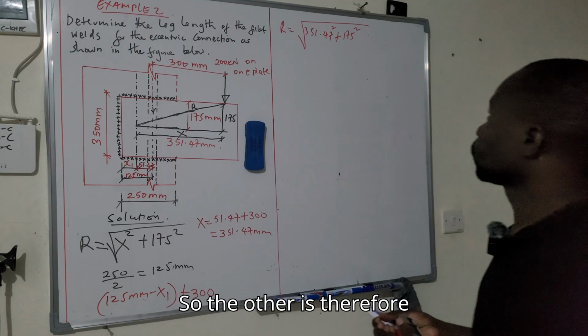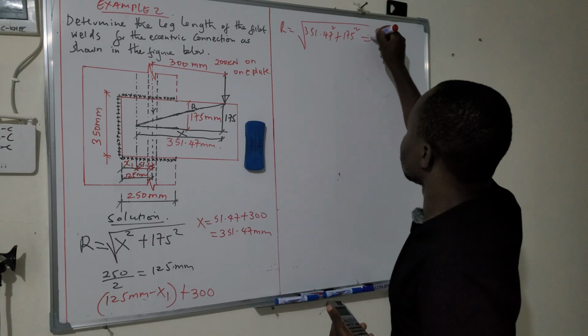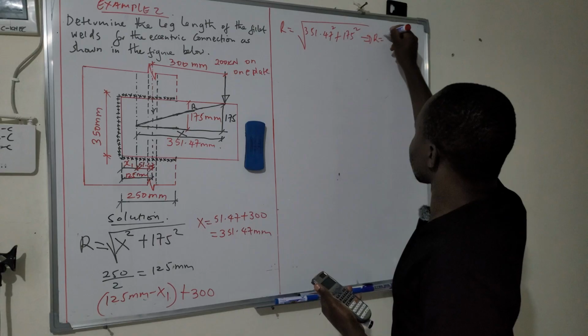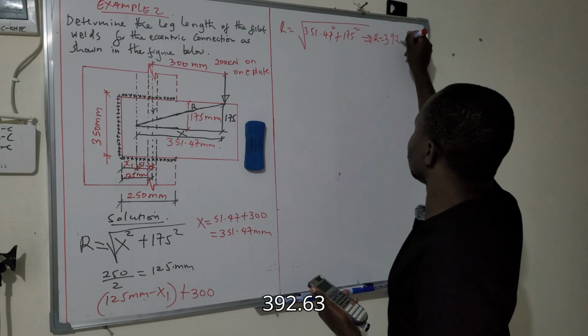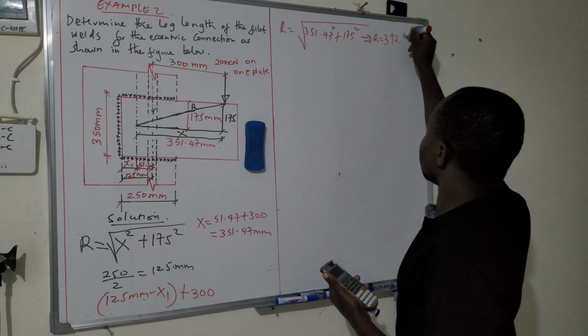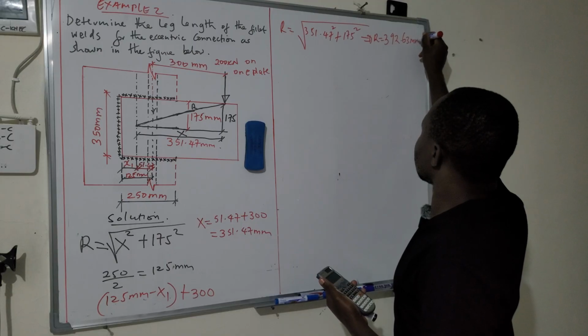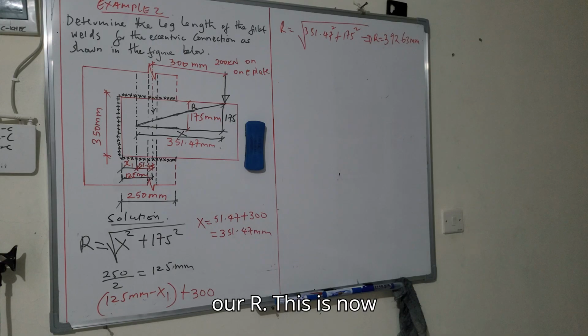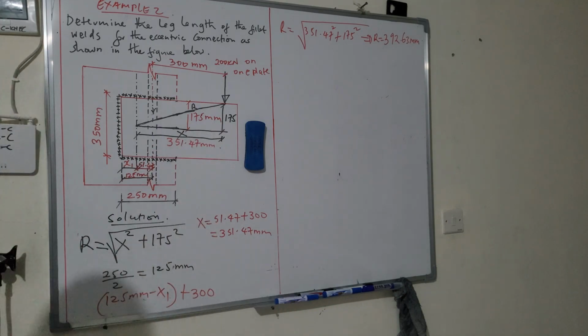So the answer is, therefore, which imply R is equal to 392.63 millimeter. So this is our R. This is now our R from here to here.